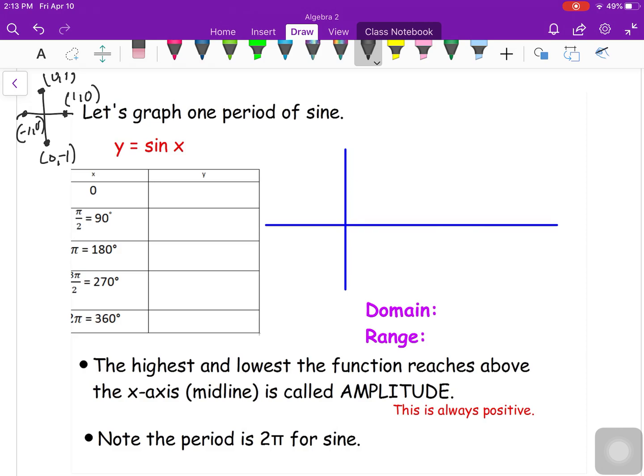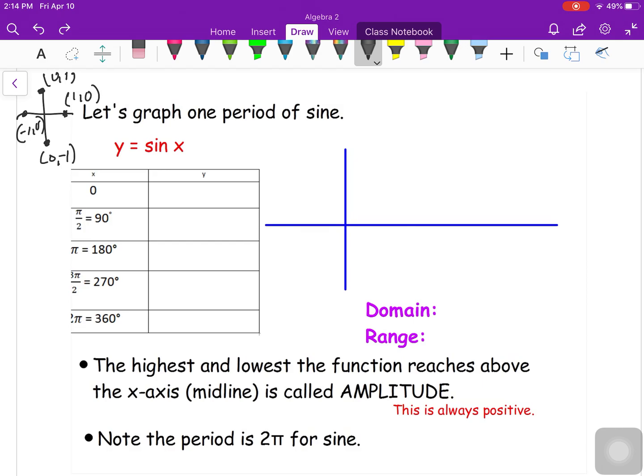And then when I come back here to 360, I'm back at 1, 0. This creates that unit circle we had talked about before, which also helps us see one cycle, one period of sine. So at 0 degrees or 0 radians, we are at 1, 0.